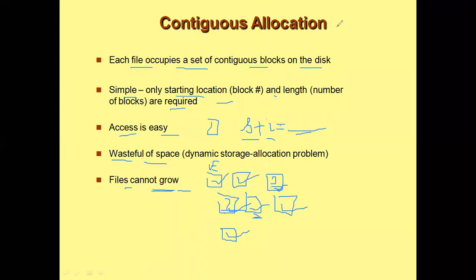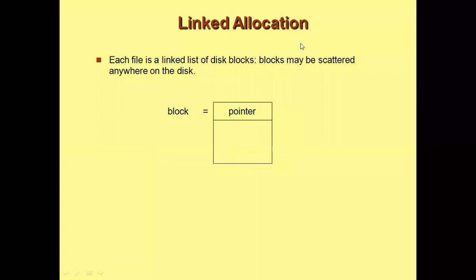Okay. Let us now move on to the next allocation, which is linked allocation, to overcome the disadvantage of contiguous allocation, which is waste of memory space. Okay, so we have linked allocation here. So here each file is a linked list of disk blocks.